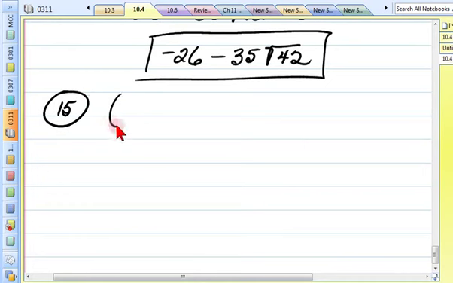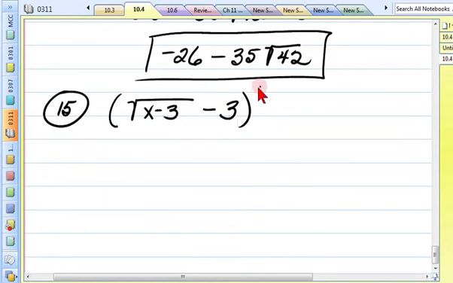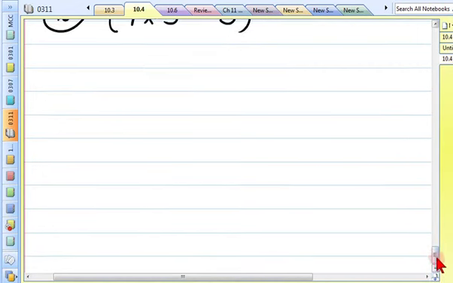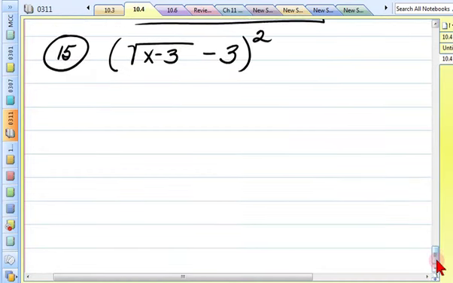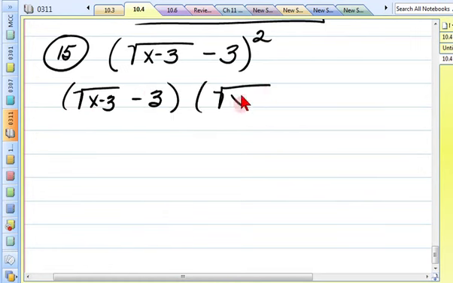We're supposed to multiply the square root of x minus 3 minus 3, I guess, times itself, because it is squared. And are we going to use FOIL? Okay. So I have the square root of x minus 3 minus a 3 times the square root of x minus 3 minus a 3.